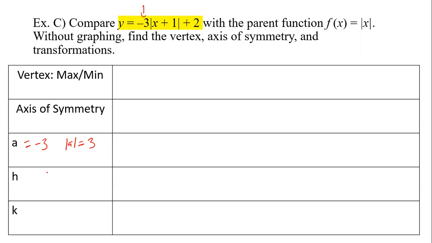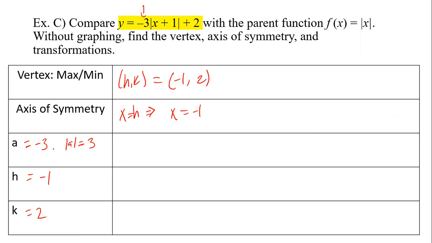And then our H is actually -1, and our K is +2. Again, our vertex is made up of our H, comma, our K. So our vertex is -1, 2. Our axis of symmetry is X equals H, and that leads us to X equals -1.